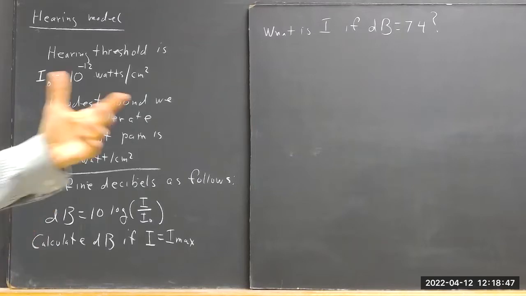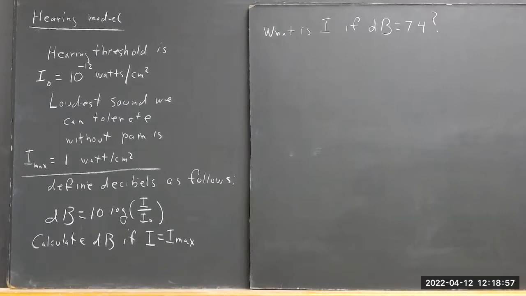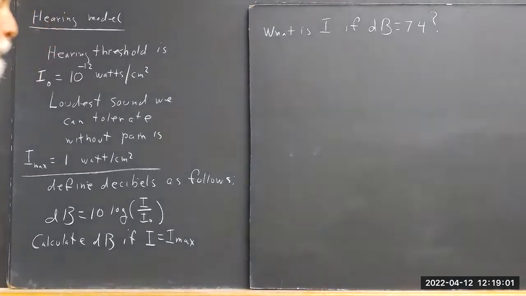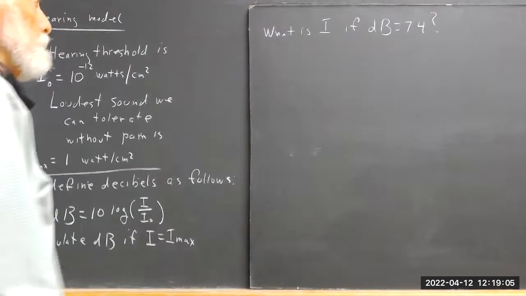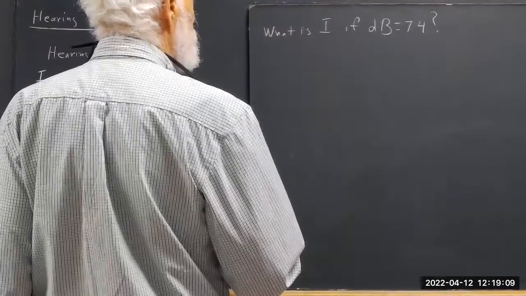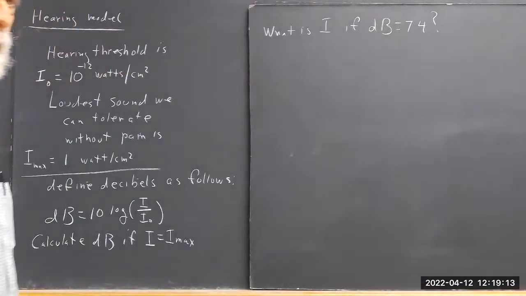If I talk at 74 decibels, you're going to think I'm kind of yelling. I can talk louder than that, but then I'm really yelling. I've never actually measured it. I'm sure you talk over 74.